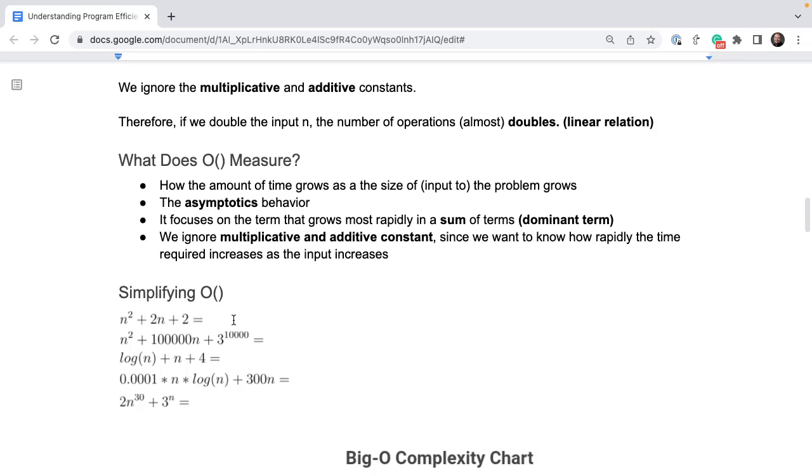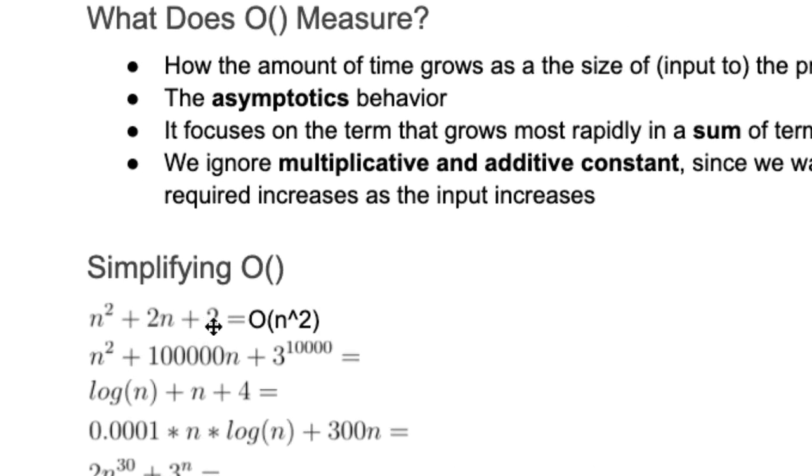So we would say this is big O of n squared. We ignore the additive and multiplicative constants in the 2n and the 2, and we focus just on the largest term, the one that's increasing the runtime as you deal with large numbers.